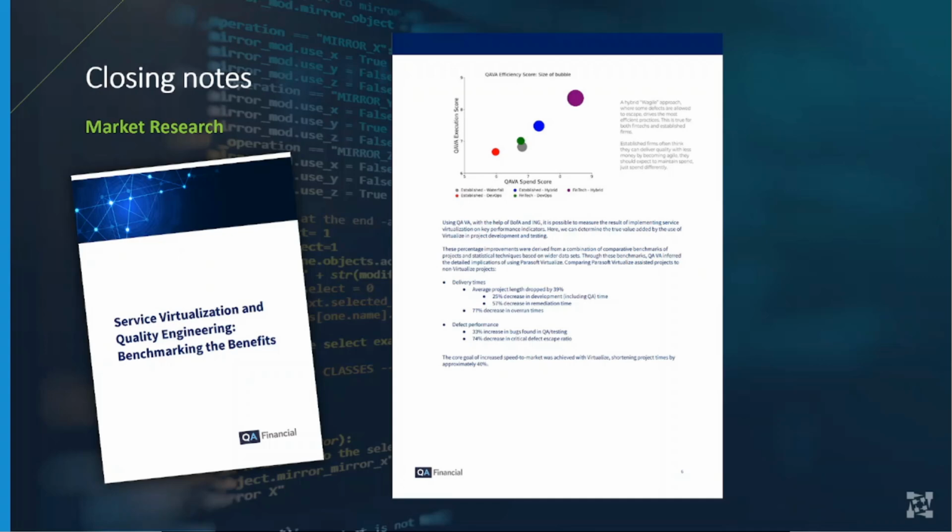And they found that this particular team, together with another team in the US, shortened project times by 40%. And they found more bugs and fewer critical defects. So it already shows that the ambition of creating that bank in a box has been extremely fruitful.